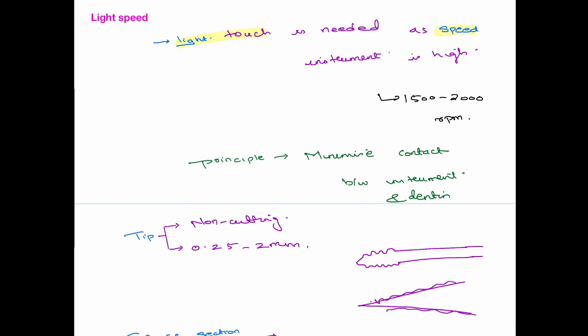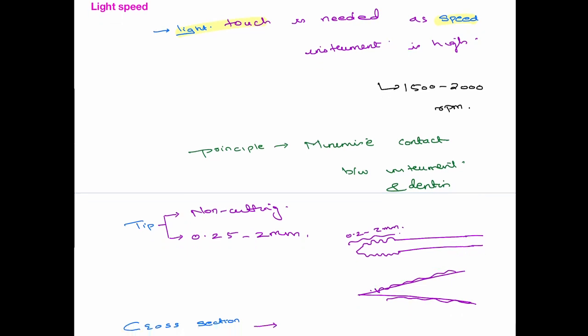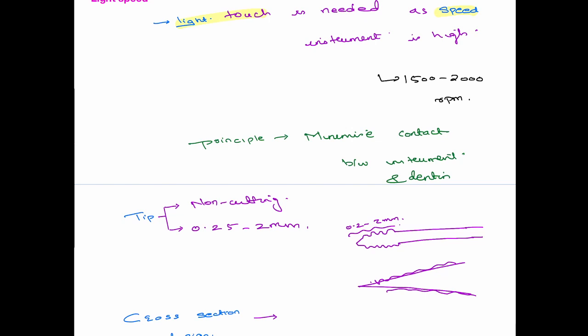Here only 0.25 to 2 mm is cutting, and the rest is simply straight, like the Gates Glidden file, if you have seen it. So that's the tip and the cutting edge length. It's very typical: in all other files, the cutting goes till the beginning of the shaft. Here it is different.